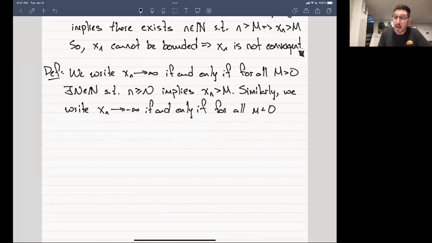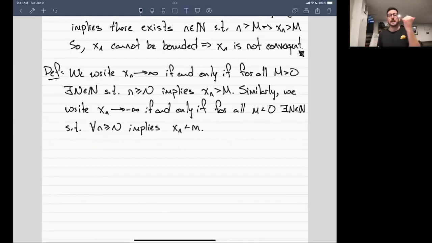So if I choose a negative number, little m, then there exists a capital N such that for all n greater than or equal to N implies that x_n is less than little m. So again, you're moving to the left on the number line and you're getting as small as possible.